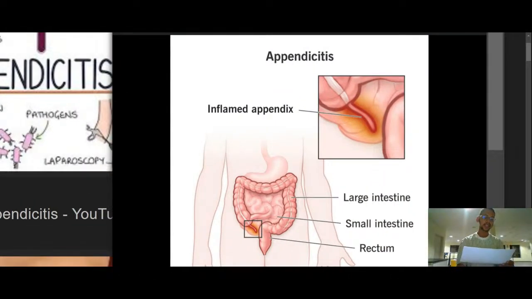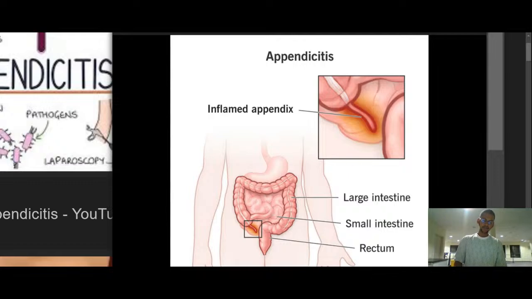in the appendix. So in terms of the anatomy, it is in the right lower quadrant, and it's usually in the posterior medial wall of the cecum. It's usually about 5 to 10 centimeters long. It has different layers: your mucosa, your submucosa, the muscularis externa, as well as the serosa.